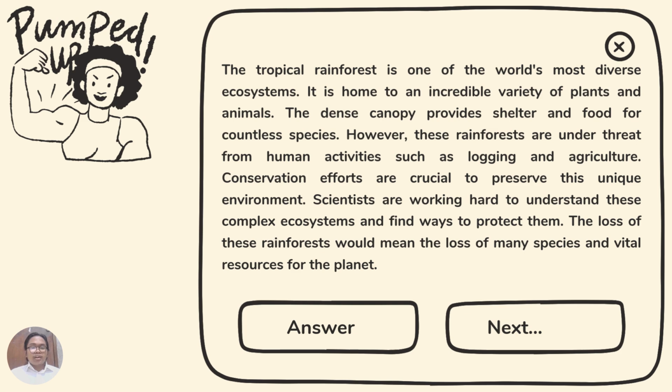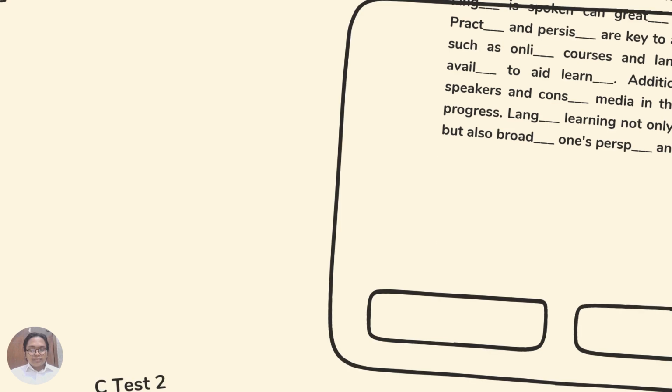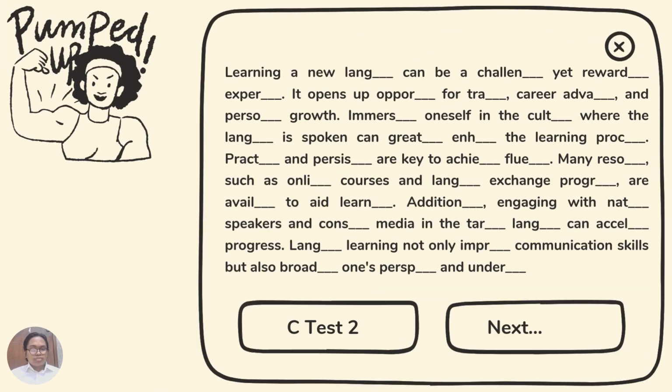Conservation efforts are crucial to preserve this unique environment. Scientists are working hard to understand these complex ecosystems and find ways to protect them. The loss of these rainforests would mean the loss of many species and vital resources for the planet. This is the answer. Next, the C-test number two.